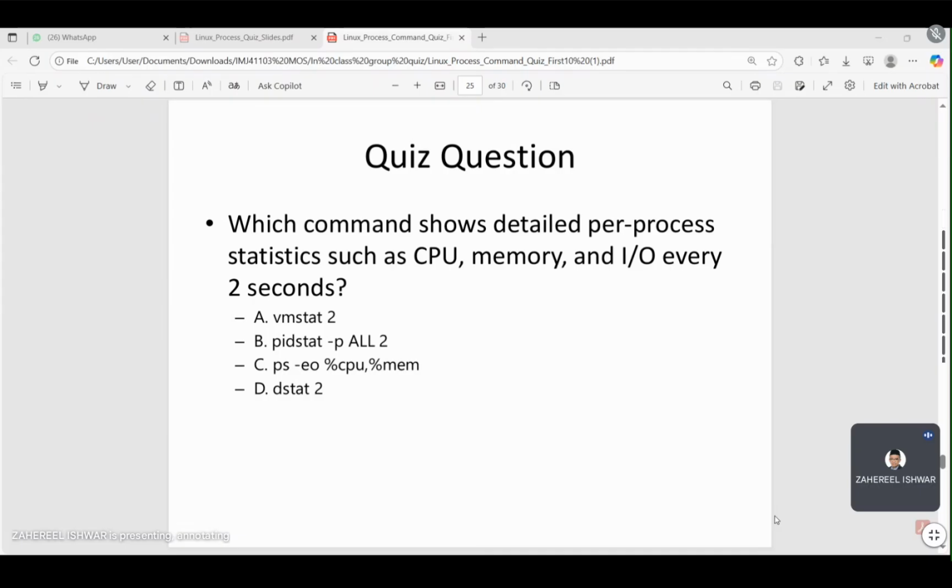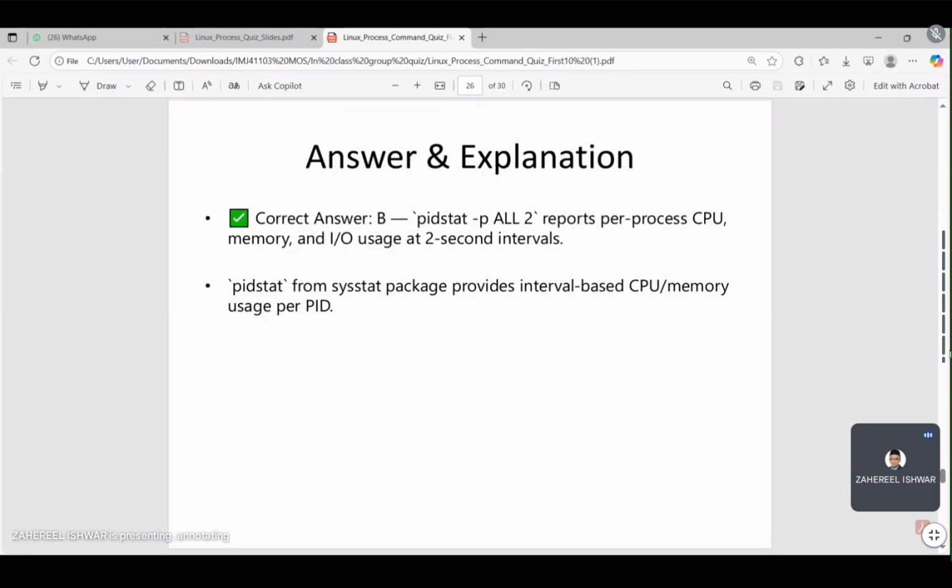Someone answers B, someone answers A. Nasser says B. Hopefully you guys are running the command and you can see the effect, right? So what's the answer? So pidstat, which stands for system statistics, interval-based CPU and memory usage per process ID.